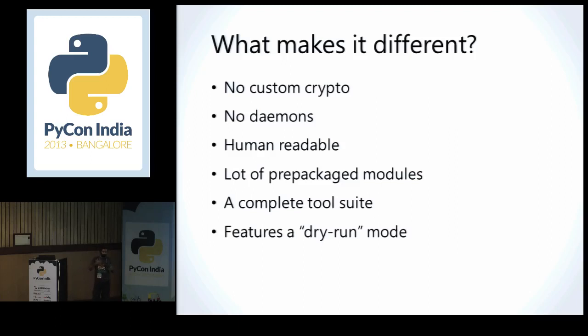Say you want to start the Nginx service on a web host. You could just do a dry run of it and check whether the service is already started. If it is already started, you might not really need to restart it again. So it's to check how much of your changes will actually impact the current state of the system.